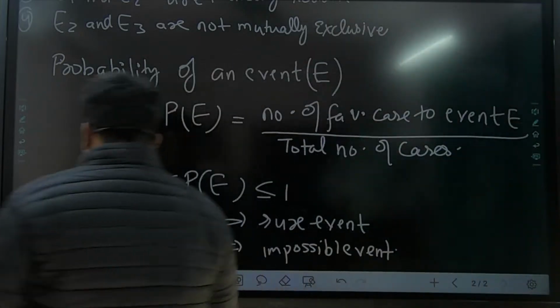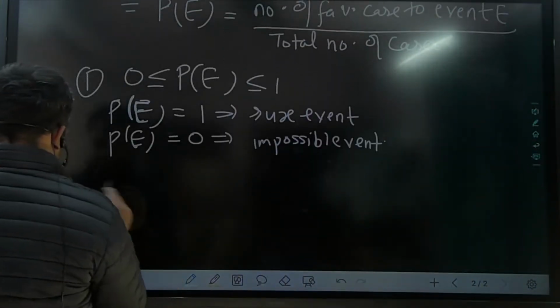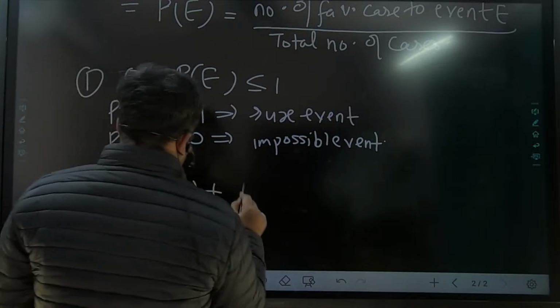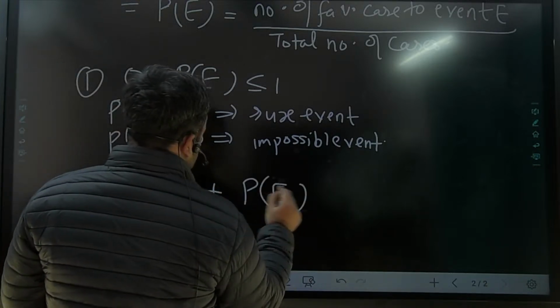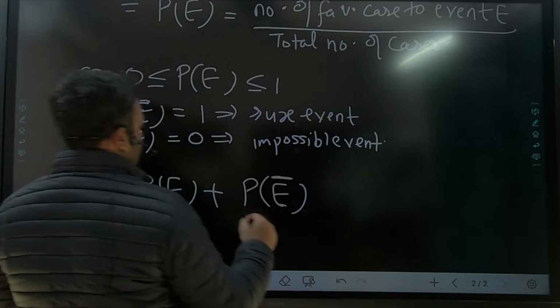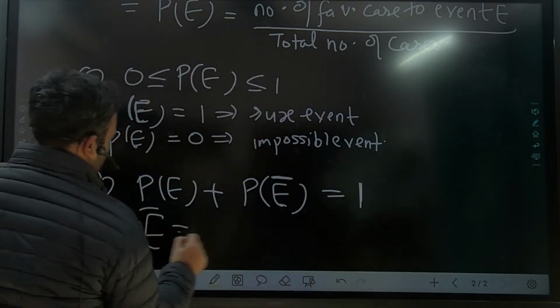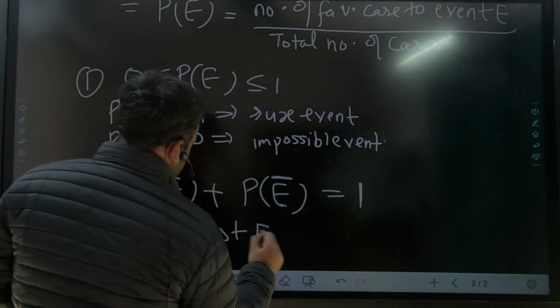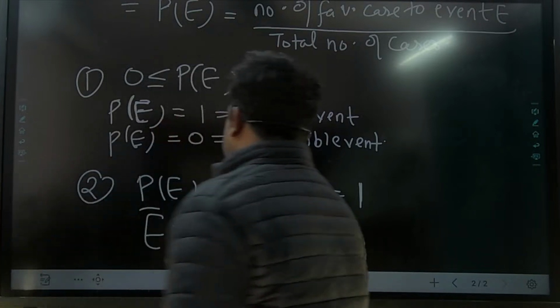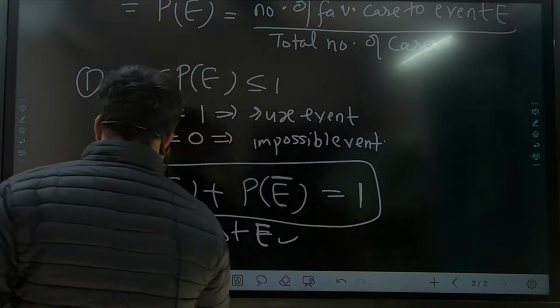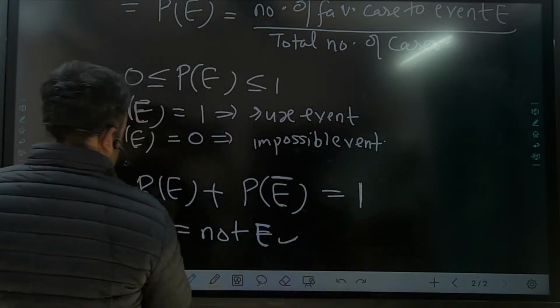Remember one more point. The probability of any event to happen plus the probability of the event not to happen, which we denote by E bar, is always equal to 1. E bar means not E. This is very, very important. Sometimes it will be very useful in problem solving.